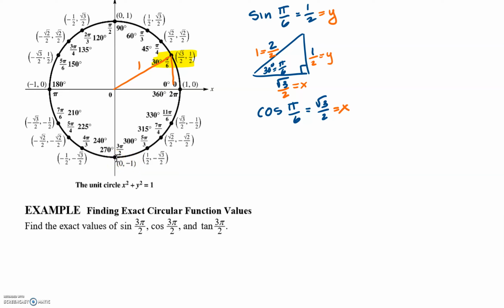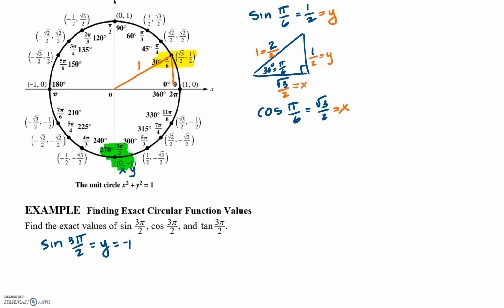So 3 pi over 2 we know is 270 degrees, and the point on the unit circle that signifies 270 degrees is (0, -1), and we know that the sine is y, and the y value is -1 right there.